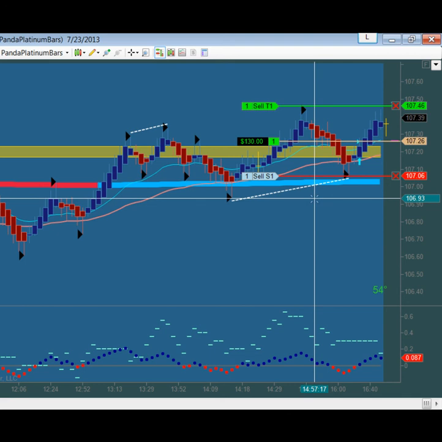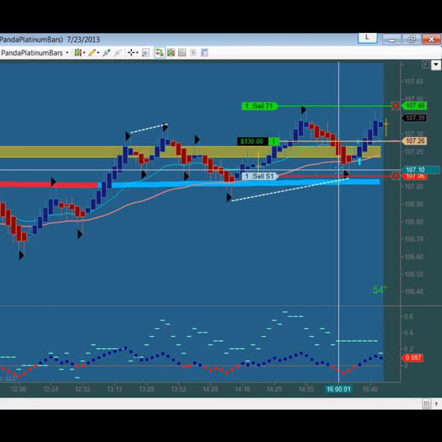There are many other ways to trail profits. Even these bars are especially nice because they can keep you in a trend for a good move. So anyway, we do go over that.